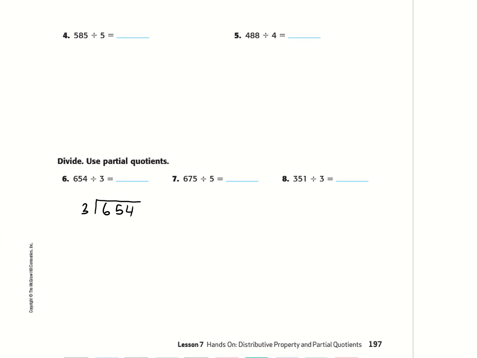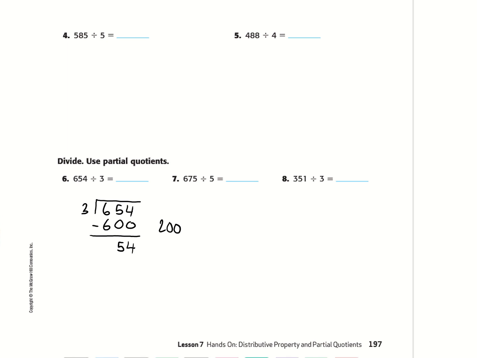I know for me, an easy one, I'm going to use 600. And that's going to be subtract. And 3 goes into 600 200 times. So 654 minus 600 equals 54.